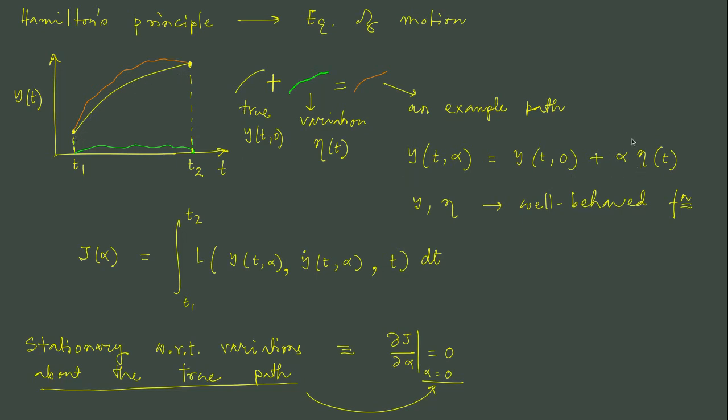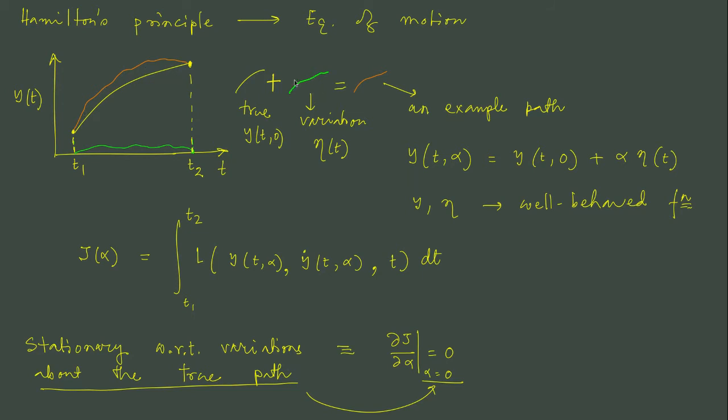Now what we do is we just give them some names, y(t, alpha), and we add a parameter alpha. If that parameter value is 0, then we have the true path. If the parameter value is non-zero, then we call this green function eta, and we multiply a parameter alpha with this variation to add to the true path to get our final path.